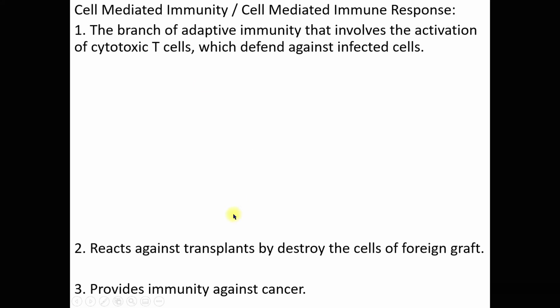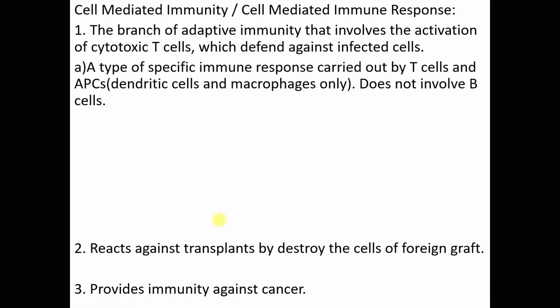Alright, now from the definition of cell-mediated immunity, it can be further explained. Cell-mediated immunity is a type of specific immune response carried out by T cells, right? When T cells are mentioned here, it involves your helper T cells, your cytotoxic T cells, your suppressor T cells, and your regulatory T cells as well.